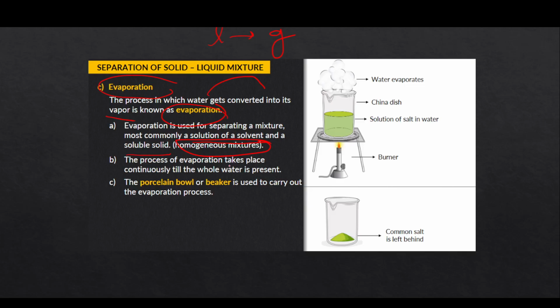The process of evaporation takes place continuously till all the water is evaporated. For example, here we have a burner and a beaker containing a solution of salt in water. As the water heats, it converts into gas, water vapor, and when all the water is converted into vapor, only salt will be left behind.